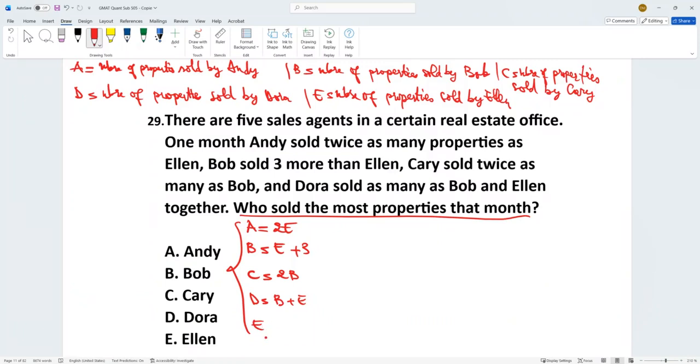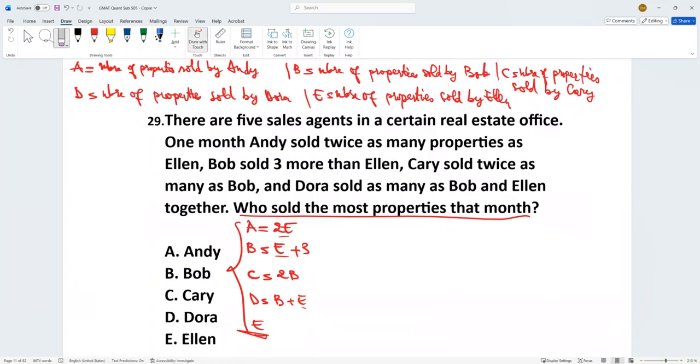So E is the only number that we don't have the formula for, okay? And one thing we can notice here is that the majority of the expressions here are dependent on the value of E, okay?